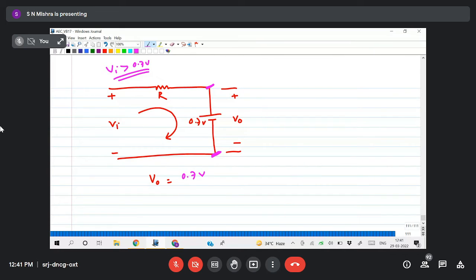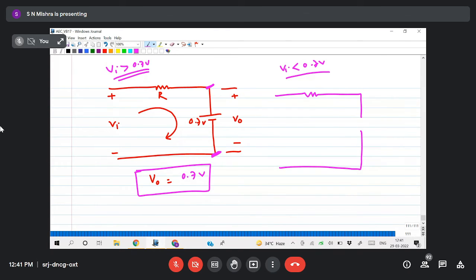तो इतना टाइम तुम्हें क्यों लग रहा है? Now when Vi is less than 0.7 volt, then the diode is open. Whether it is a practical diode or an ideal diode, it is open. So V naught, here plus minus Vi, apply KVL here.